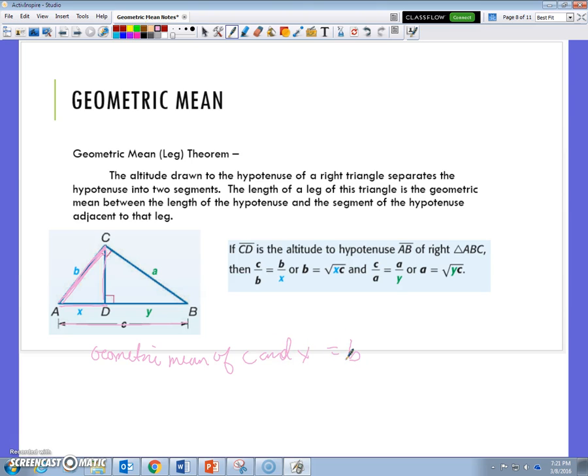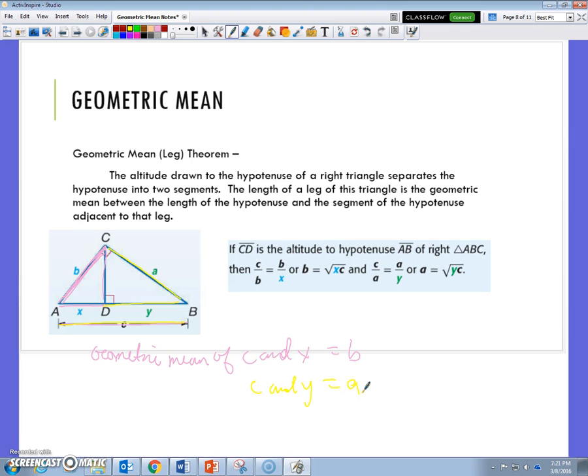And that goes for the other triangle as well. C and Y, its geometric mean will equal A. So the geometric mean of C and Y equals A. Okay? And this was all illustrated earlier when we separated each of those triangles and we found their similar parts. All right?